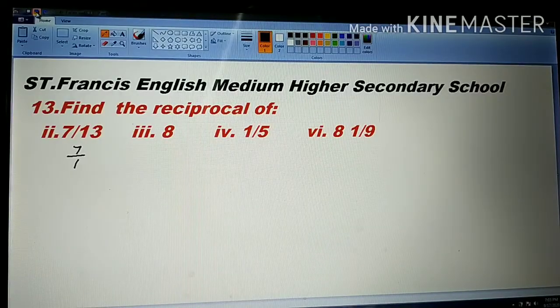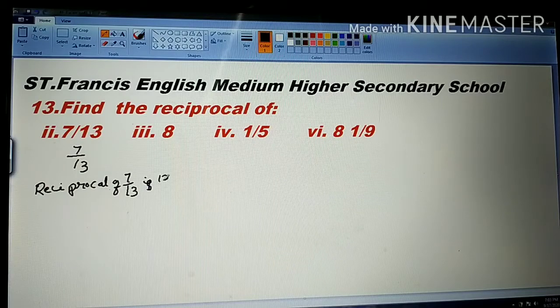So now we have to find out the reciprocal of the given fractions here. So first one is 7 by 13. Okay, so we have to write the reciprocal of the given fraction. Write down this one. Reciprocal of 7 by 13 is 13 by 7. Okay, so for this one, 8, nothing in the denominator means 1 is there, so the reciprocal of this one will be 1 by 8 here.